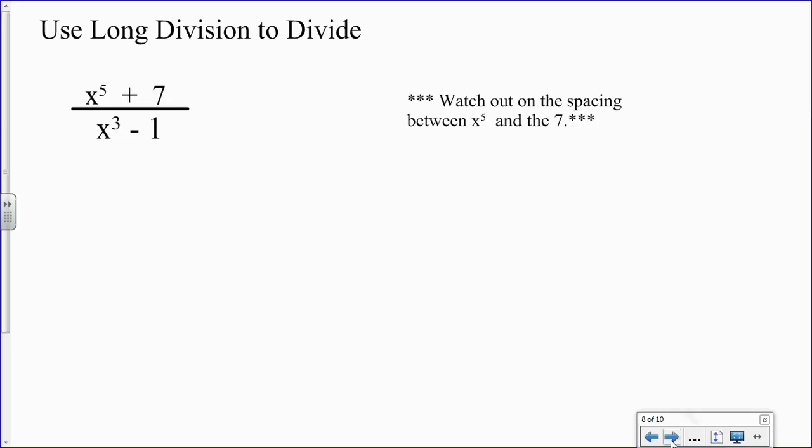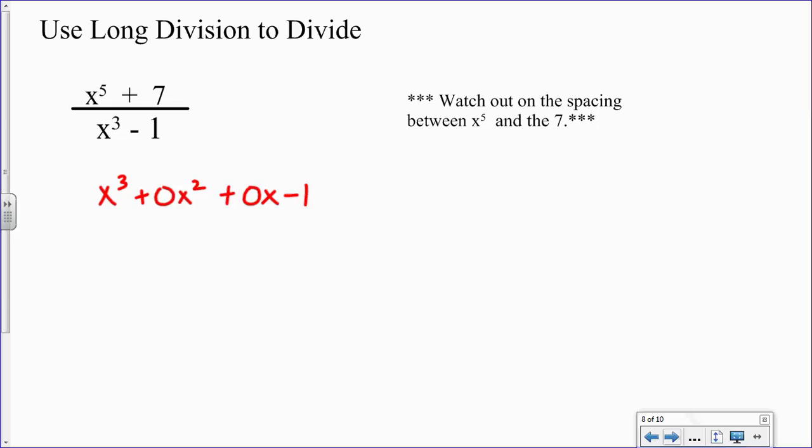And same thing for the divisor as well. So if I look at the divisor, I have x cubed, so what would be next after x cubed? X squared. There's not an x squared, so I have to put a 0x squared there as a placeholder. Okay, then after x squared, what would be next? X, so 0x, and then I can put my minus 1.